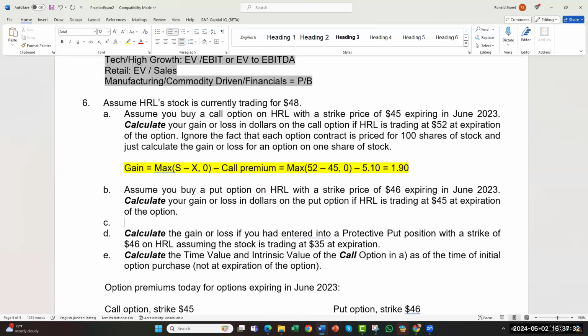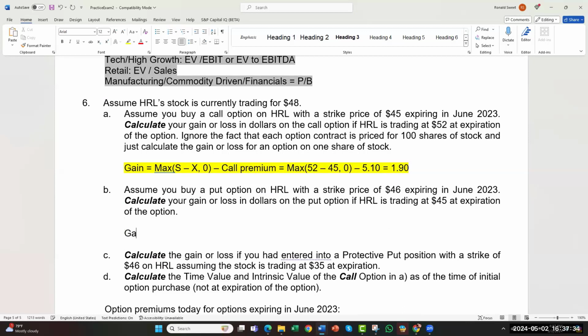The put is almost exactly the same thing. The gain is going to equal the max of strike minus stock, minus the put premium. Oh, I left out max. I kept telling y'all don't forget max, but I forgot it there.